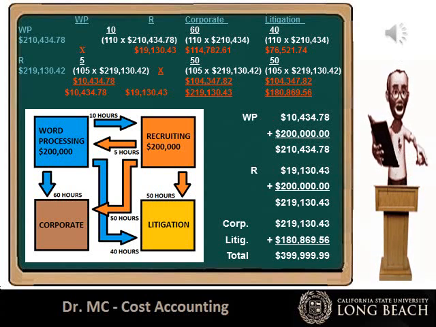Thus, recruiting is allocated $19,130.43, corporate is allocated $114,782.61 and litigation is allocated $76,521.74. In order to allocate recruiting's costs, you add up the hours that recruiting spent on each department receiving an allocation. This adds up to 105 hours.